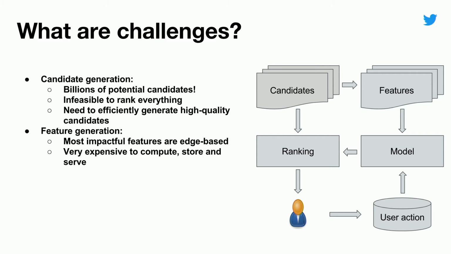Or you can generate user-only features, hey, this user is in this cohort, or this user logged in X number of days ago, or whatever it is. And then you can generate these edge features, which are the user-candidate pair features, or user-author pair features. We've observed that those features are very expensive to compute and store, but are also the most impactful.